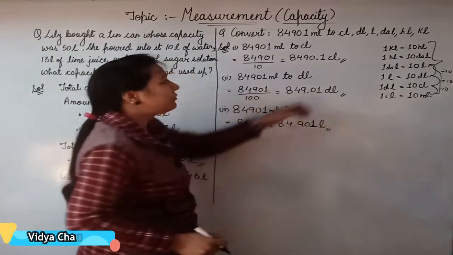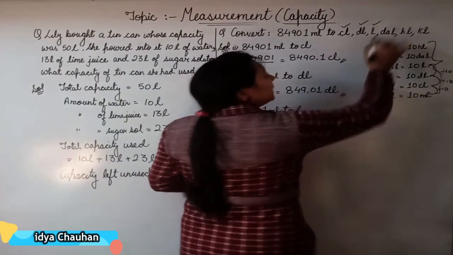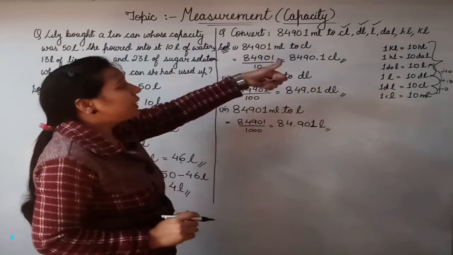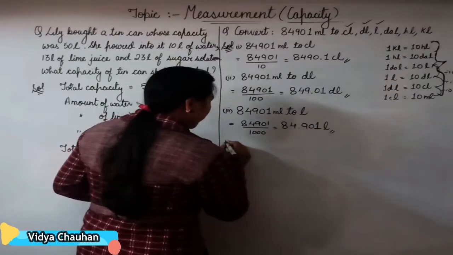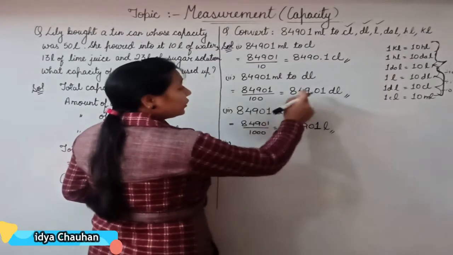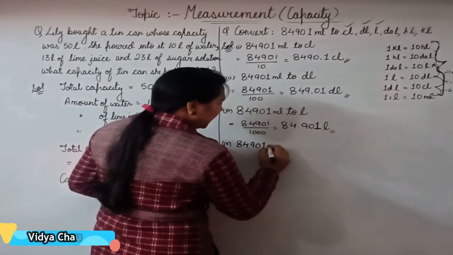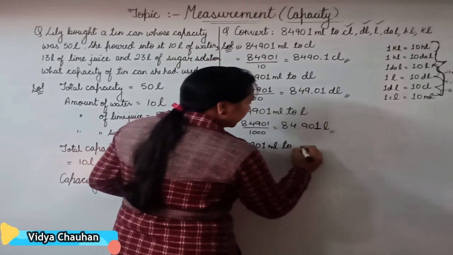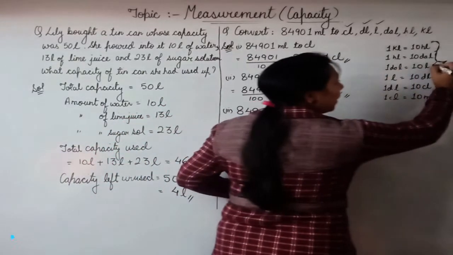So till now we have converted 3 units: centiliter, deciliter and liter. Now the next part is to convert it into decaliter. Now in the fourth part, we have to convert 84901 milliliters to decaliter. Now we have to move one step up.